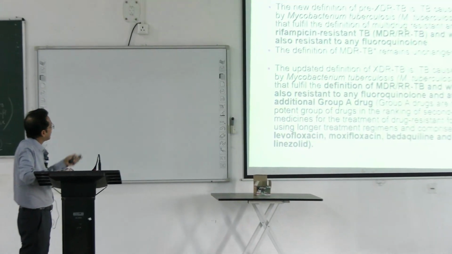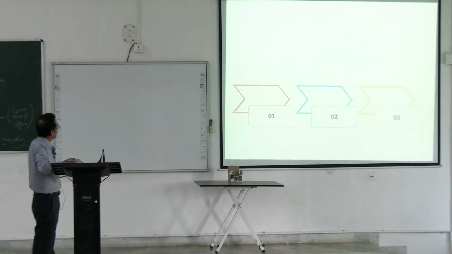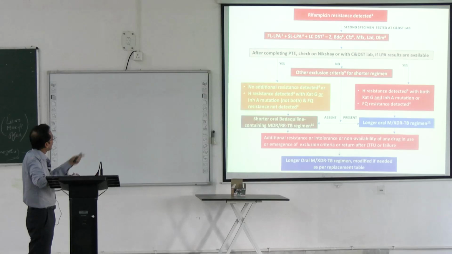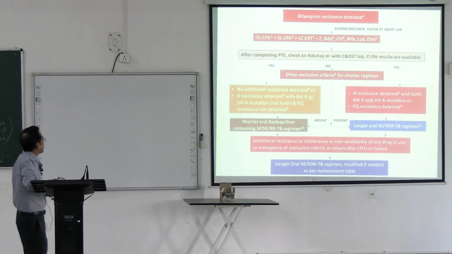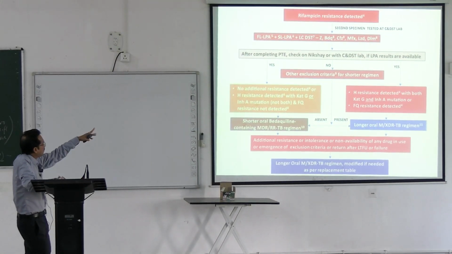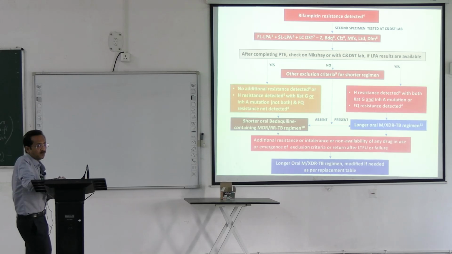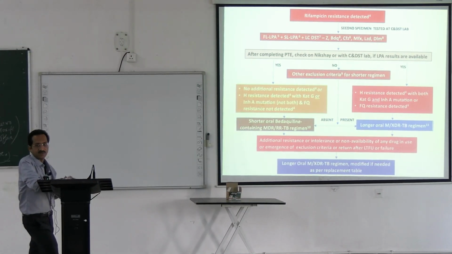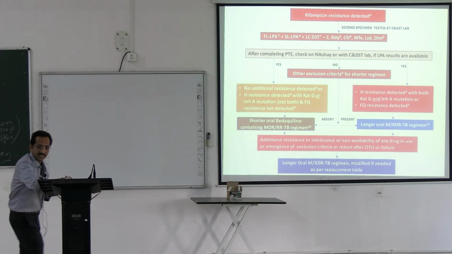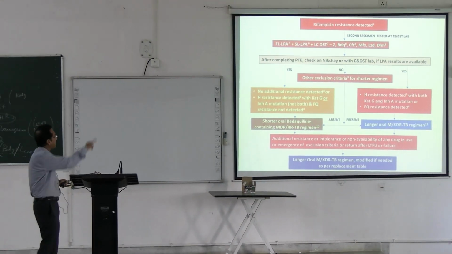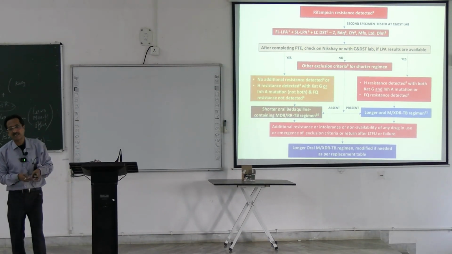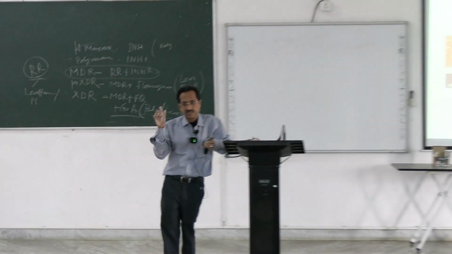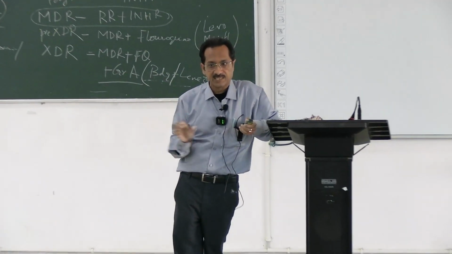Already I have discussed this. Rifampicin resistance detected, how will you prove? Second specimen tested for line probe assay. If only rifampicin resistance is detected, then you should go for a line probe assay, which, as I have already mentioned, is reverse hybridization for detecting drug sensitivity.